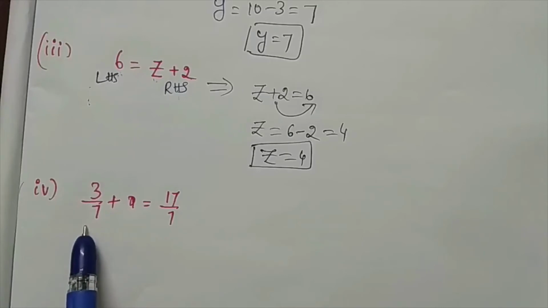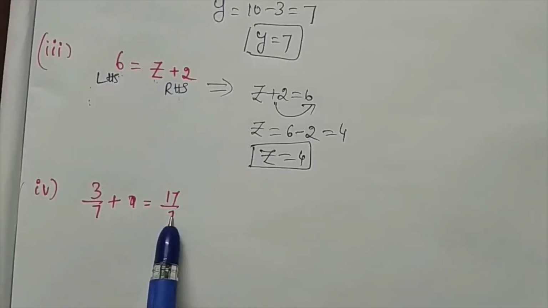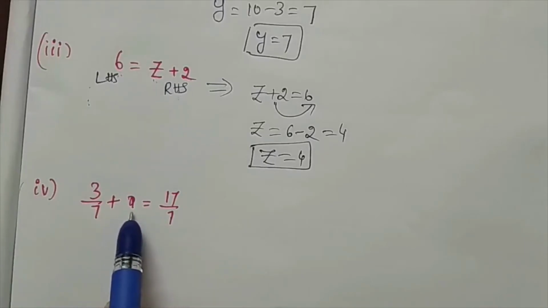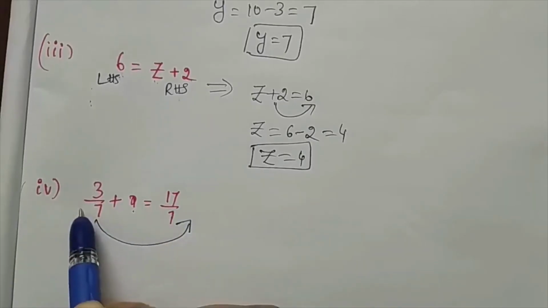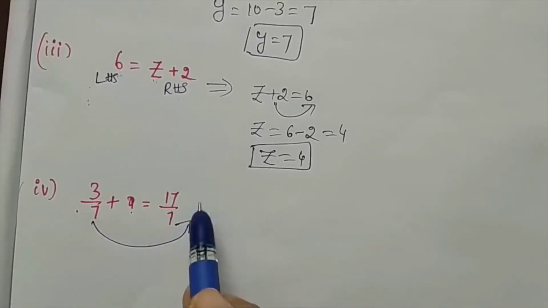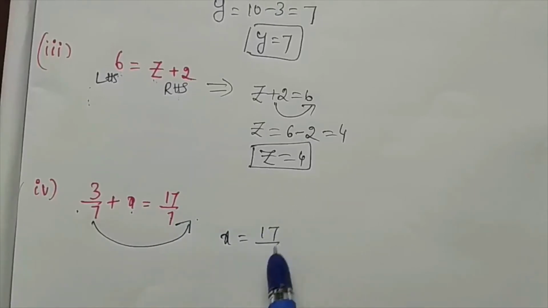The fourth one is 3 by 7 plus x is equal to 17 by 7. So to find the value of x, we have to transpose this 3 by 7 to RHS. Here it is plus, so it will become minus if it is transposed to RHS. So x is equal to 17 by 7 minus 3 by 7.